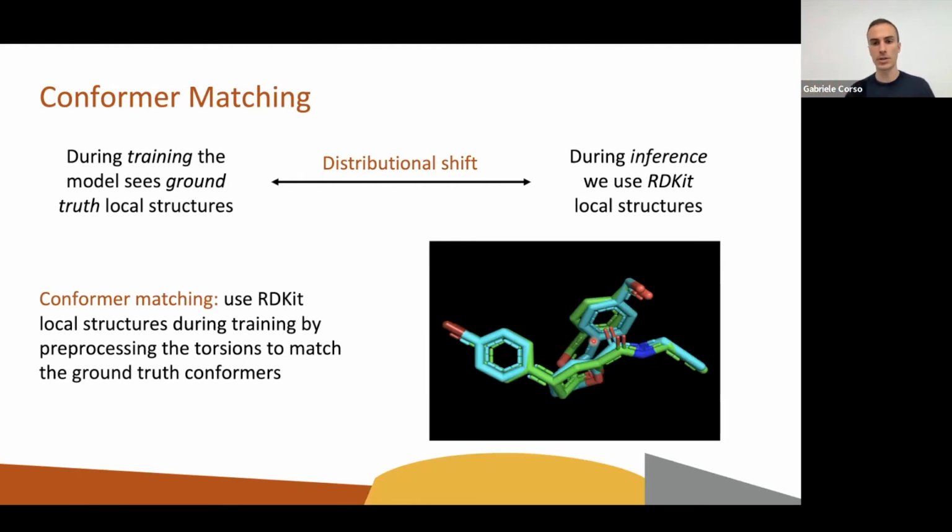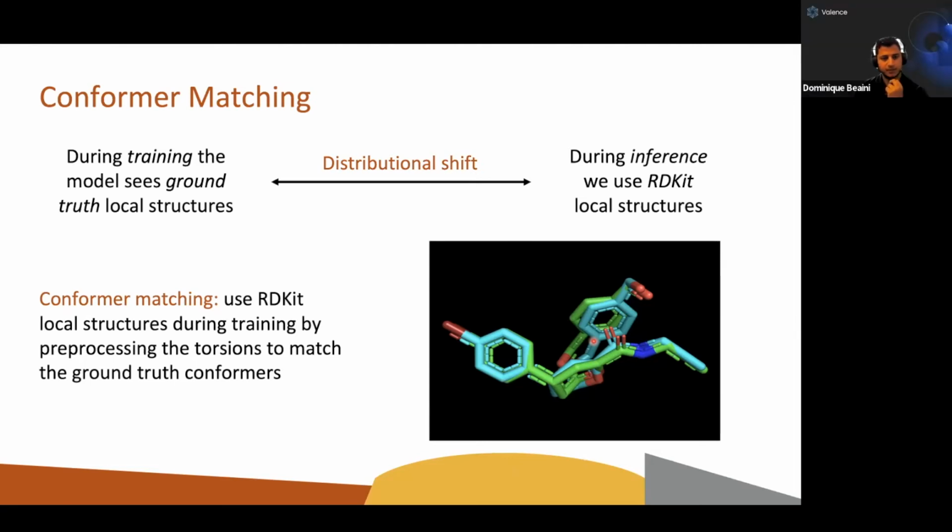It's basically the same process that I was describing before, but with the difference that we do this pre-processing that substitutes the original conformers with these RDKit matched conformers. Okay, I see.